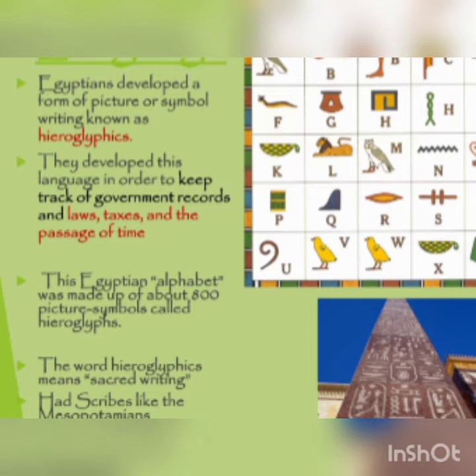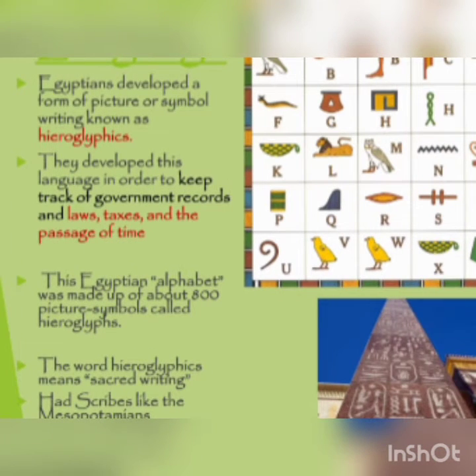And regarding the language, Egyptians developed a form of pictoric symbol. Okay, pictoric representation. These pictoric symbols were called hieroglyphics. What is that? Hieroglyphics. So these developed into a language in order to keep track of government records. And it was used for laws, taxes, and passage of time.